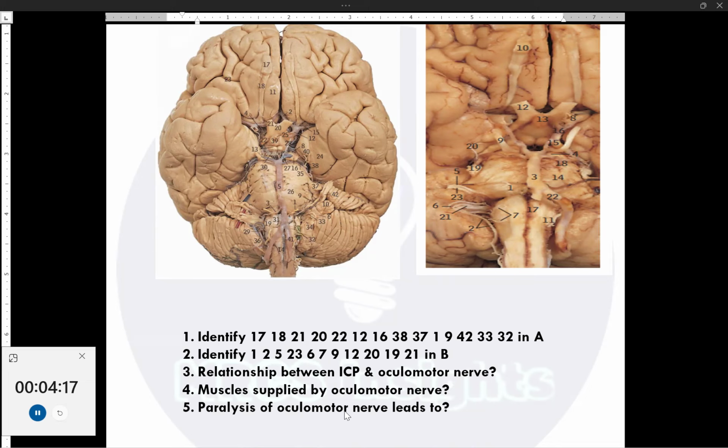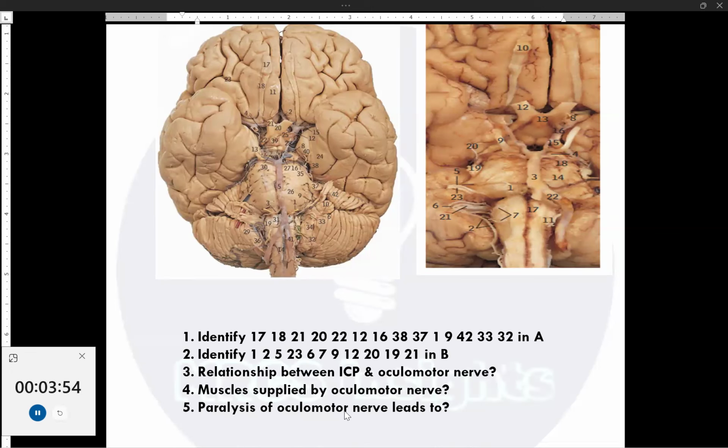The oculomotor nerve starts from the oculomotor nucleus, which is situated in the midbrain. It travels anteriorly between the posterior cerebral artery and superior cerebellar artery. After that, it enters the cavernous sinus, and from there it enters the superior orbital fissure. Excellent, doctor.